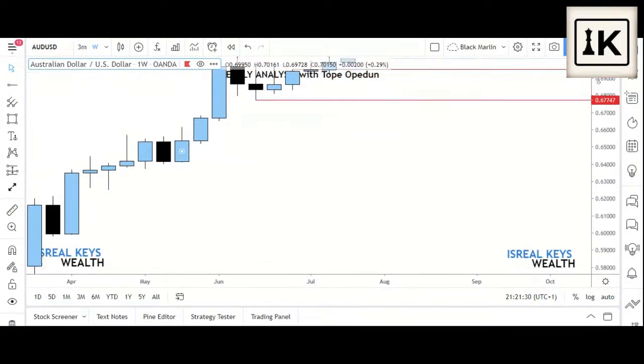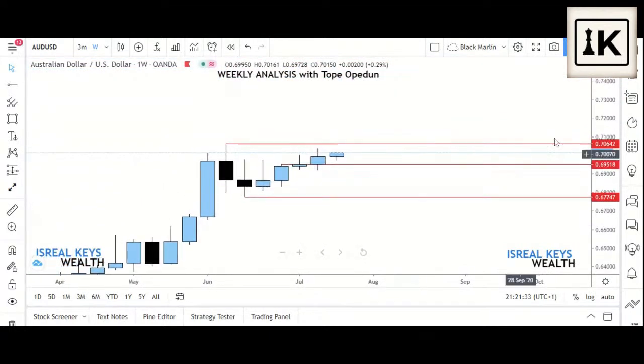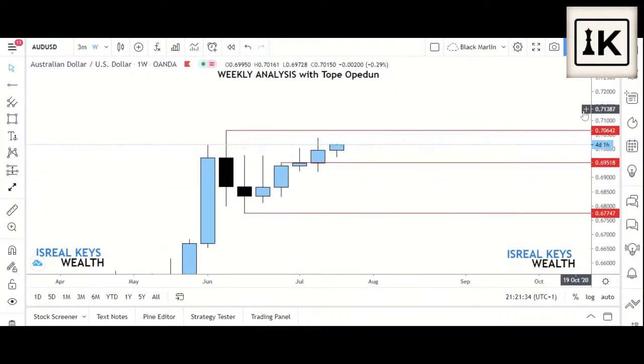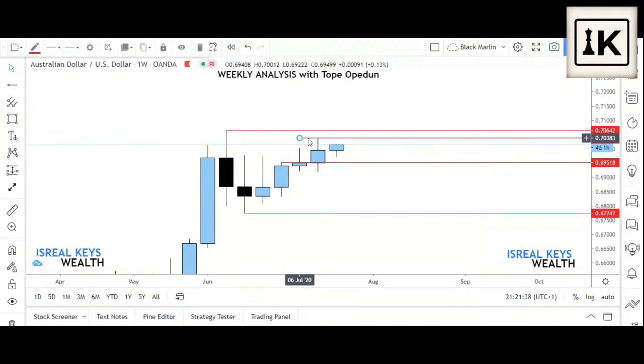Last week's high was at this level, the 70383 price point, and I have a strong belief that we're going to get there at least before we take out the 8th of June high.